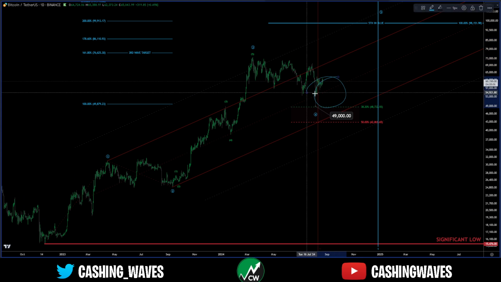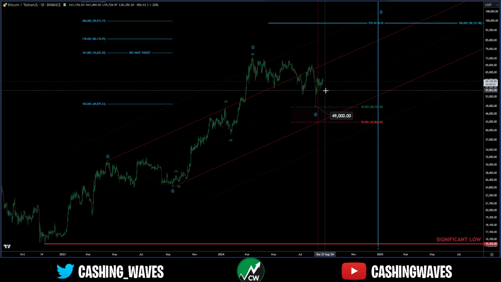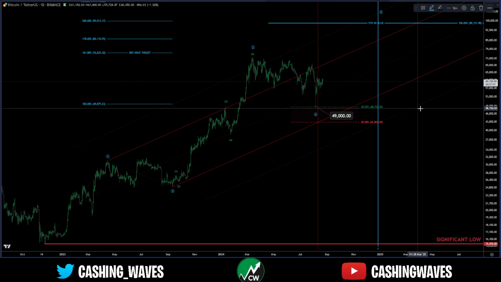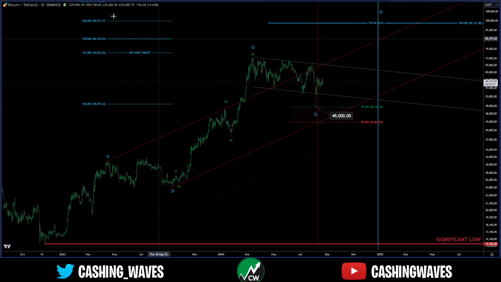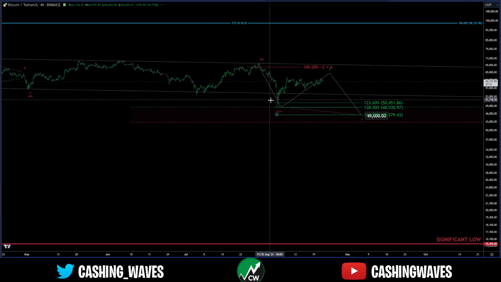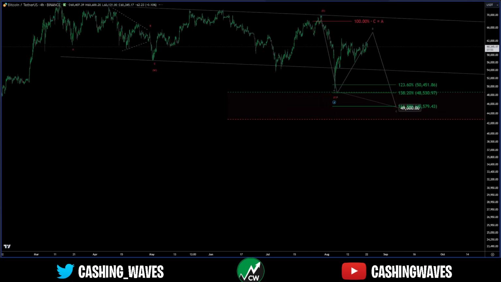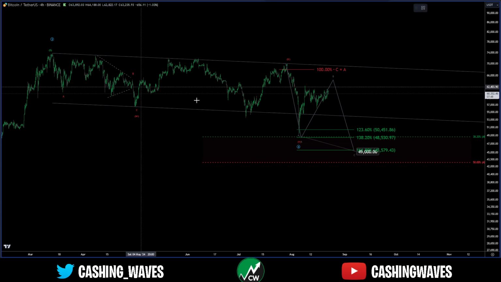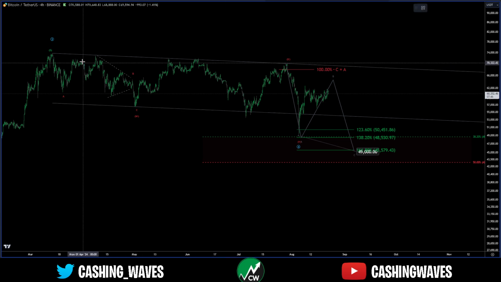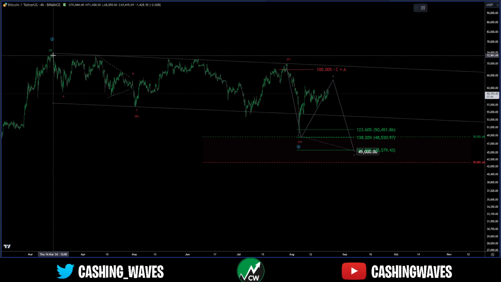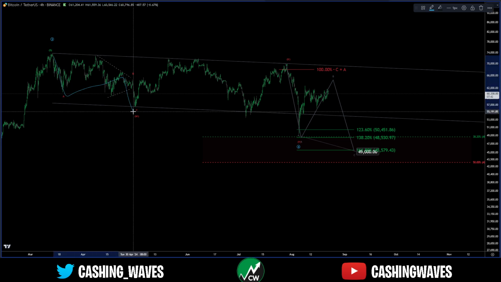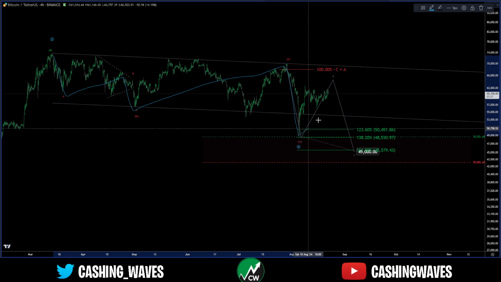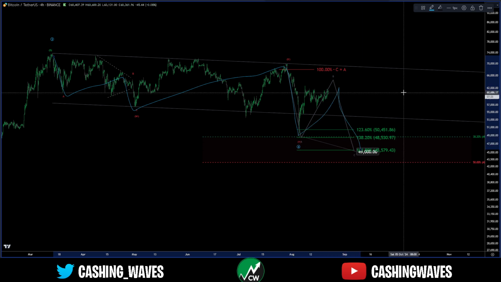All right, so I'm going to be focusing on this area right here and talk about how we can potentially come down for one more low as well. So first of all, on the 4 hour, where that fourth wave is a low potentially, my view is that it is, but we always need to be aware of the bearish scenario as well. If the bearish scenario plays out, I would expect this to be an A, B, C for a zigzag, an X wave and a 3-wave move, and then another A, B, C for a double zigzag.